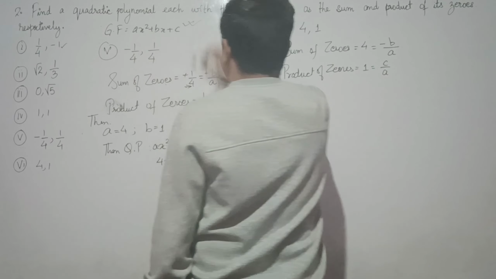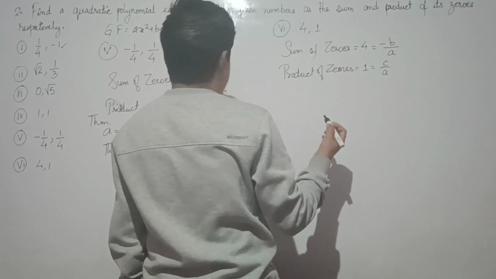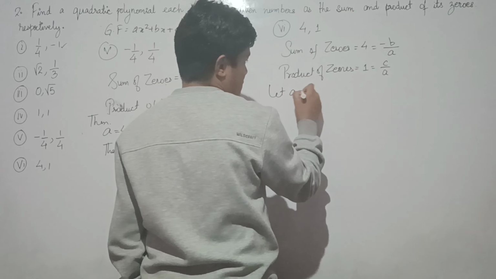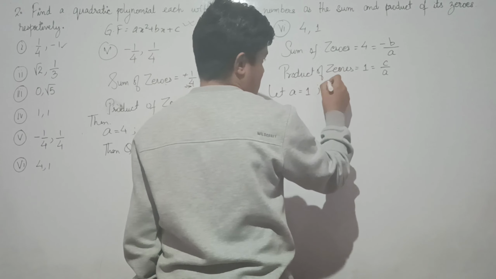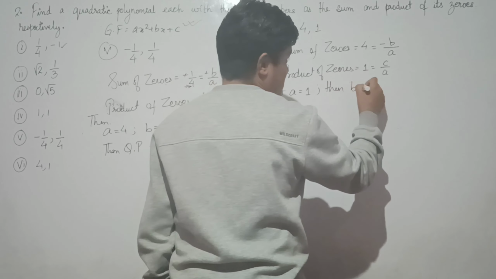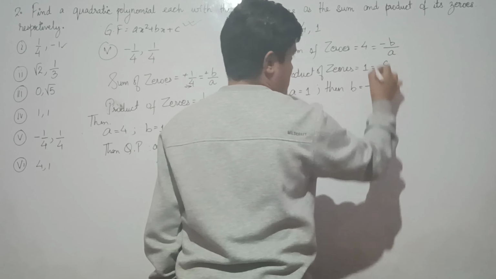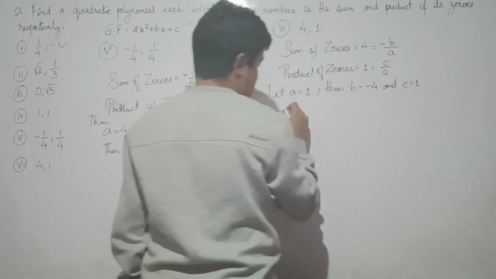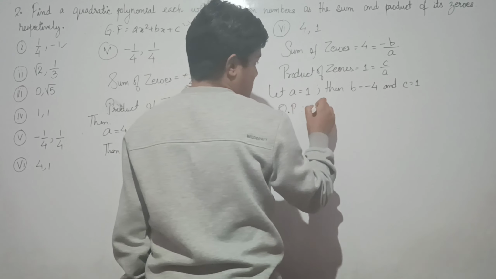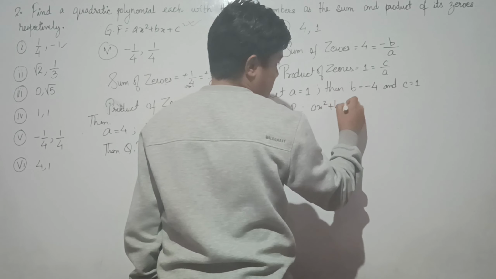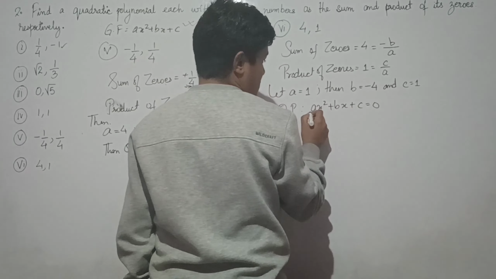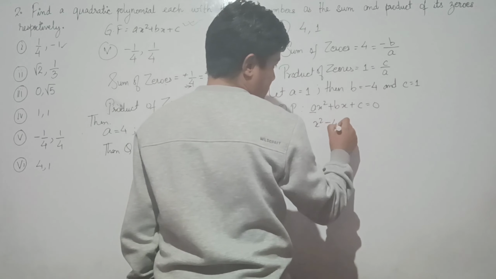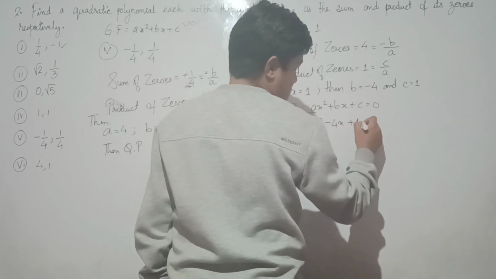So looking at this general formula, we are doing it now. Let a be 1, then b will be minus 4, minus will go to the next side, and c equals to 1. So quadratic polynomial ax square plus bx plus c equals to 0. The value of a is 1, so x square only. The value of b is minus 4, so minus 4x, and the value of c is plus 1 equals to 0.